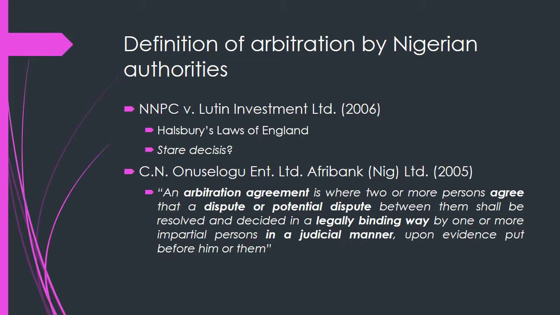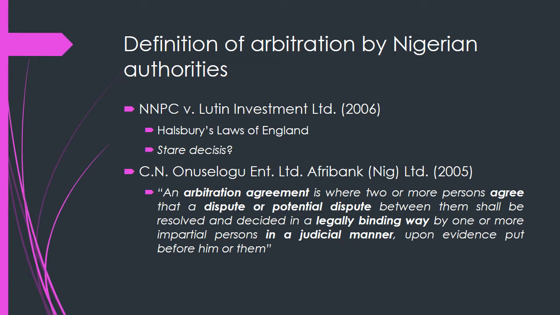In Onoselugu and Afribank, actually what the Court of Appeal was defining there was an arbitration agreement. But in their definition of an arbitration agreement, you can see features of arbitration being mentioned.